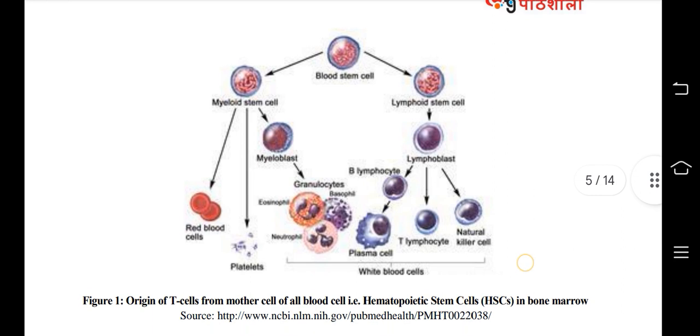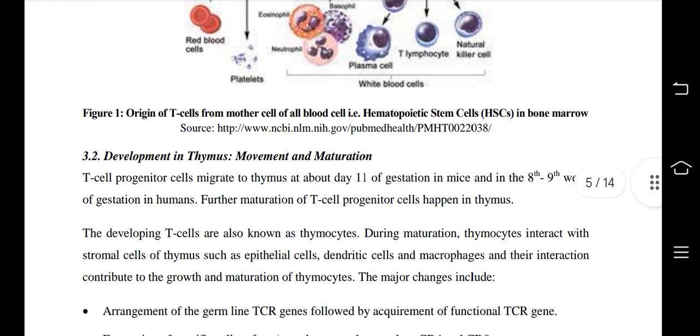You could see this blood stem cell, myeloid stem cell, lymphoid stem cell, lymphoblast, plasma cell, T lymphocyte, natural killer cell, B lymphocyte. Then myeloid stem cell, red blood cell, myeloblast, eosinophil, granulocyte, basophil, neutrophil, and along with that, platelet is also there.